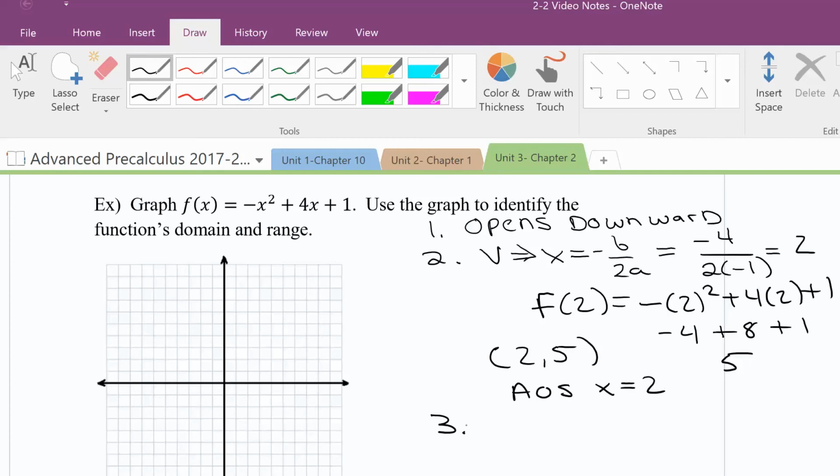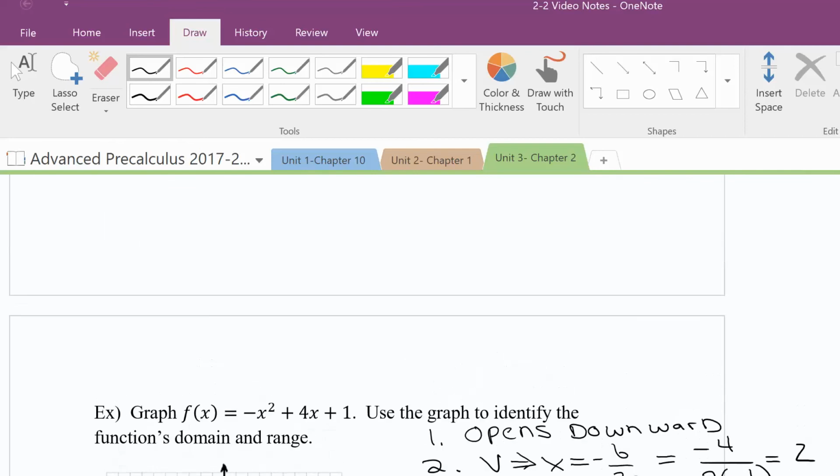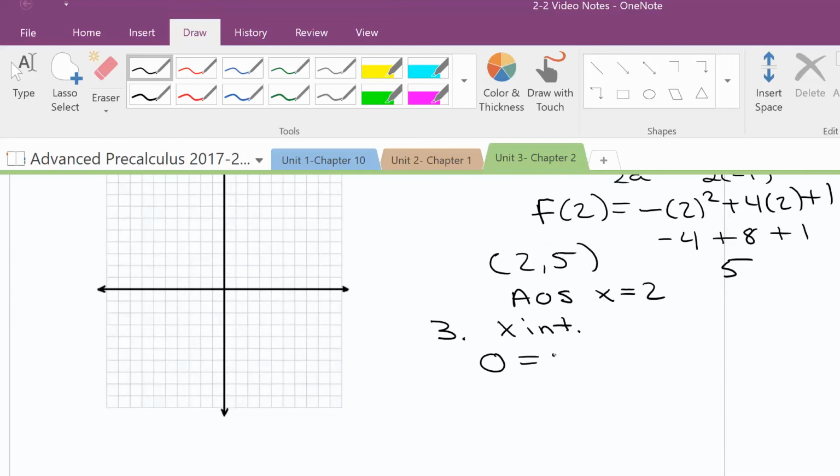Then the x-intercepts. So we make 0 equal, sorry, let me get the equation here, negative x squared plus 4x plus 1.